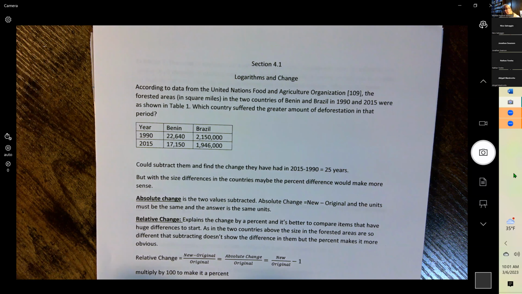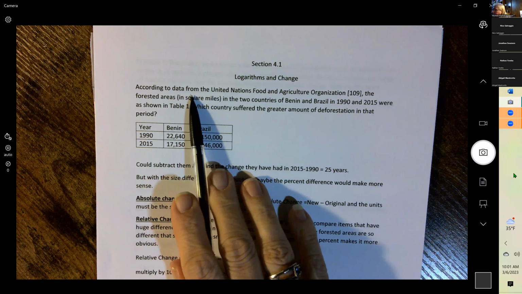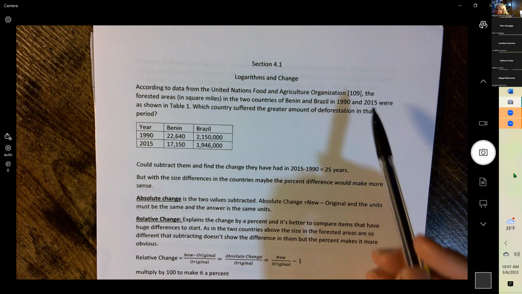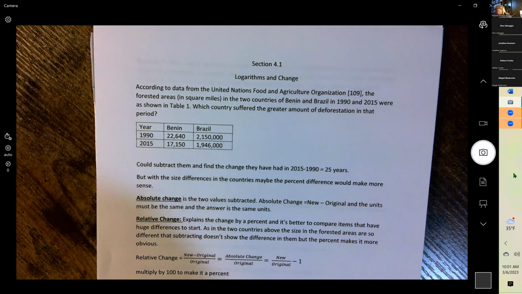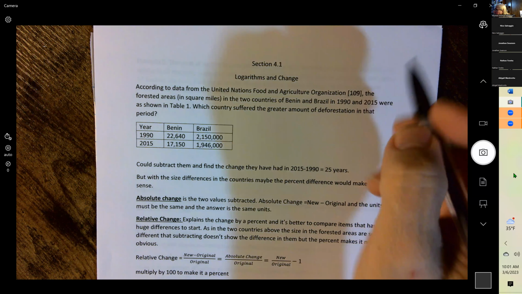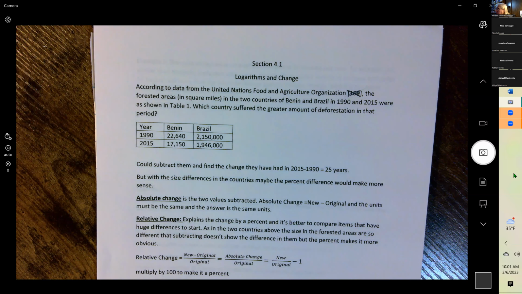Okay, so logarithms. We talked about exponentials. A log is the inverse of an exponential function, so they kind of go together. According to data from the United Nations Food and Agriculture Organization, you can look at the things in the back. Usually I take that off, but that's just showing you the source where they got it from.